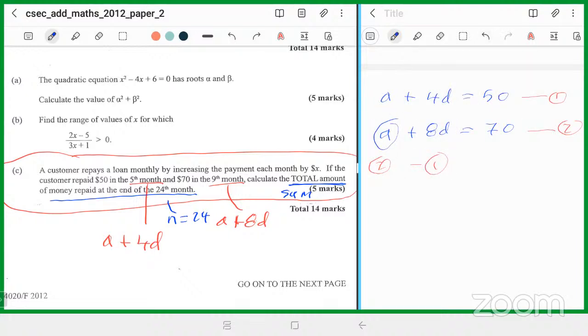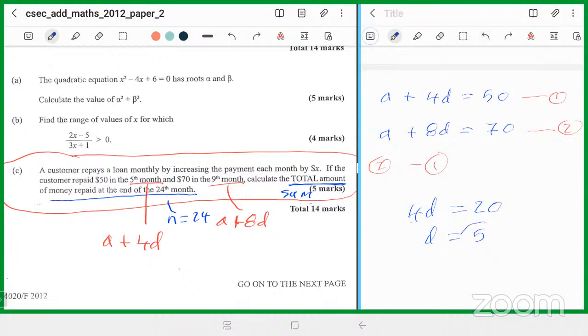First the A, wipe out the A. And 8D minus 4D is 4D on the left side. Right side is 70 minus 50, which is 20. So if we divide by 4, D equals 5.